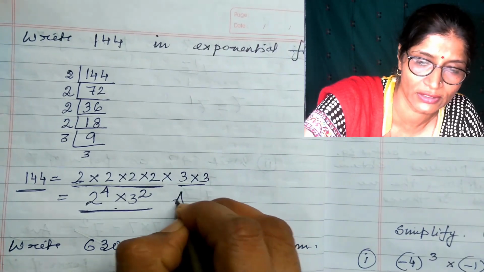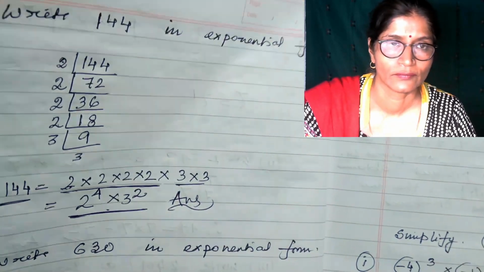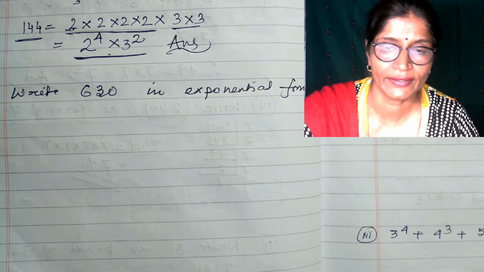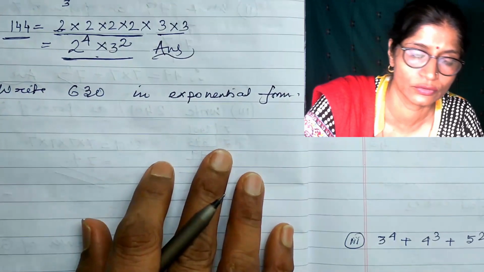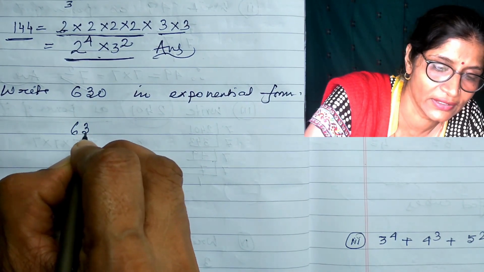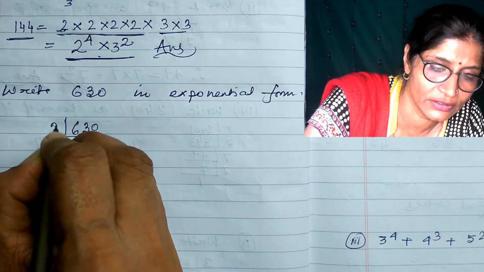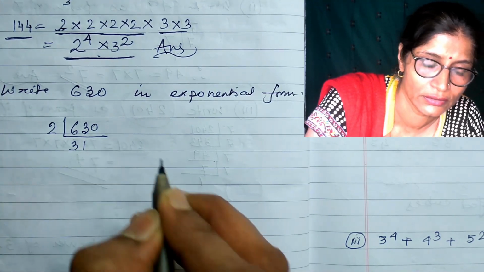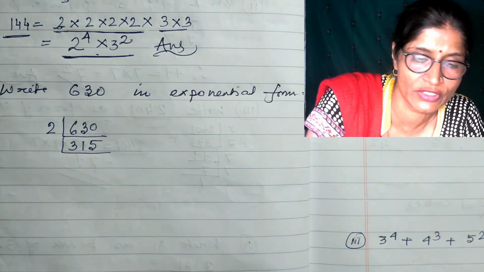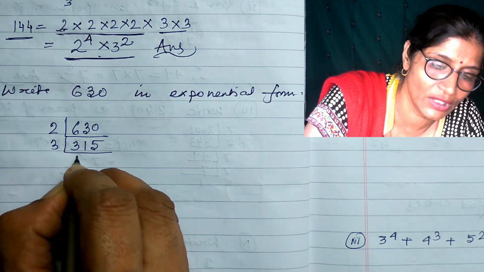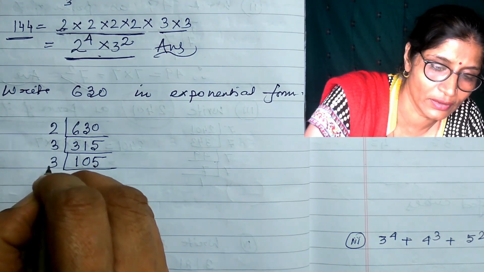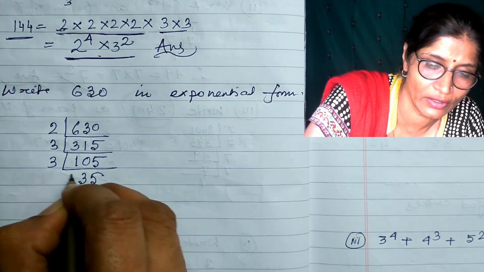Answer. Now next, 630 I have to write in exponential form. So 630, how will I write it in exponential form? 630, again prime factorize. 2 3s are 6, 2 1s are 2, 2 5s are 10. Then it is divisible by 3. So 3 1s are 3, 3 5s are 15. Then again 3. 3 3s are 9, 3 5s are 15.